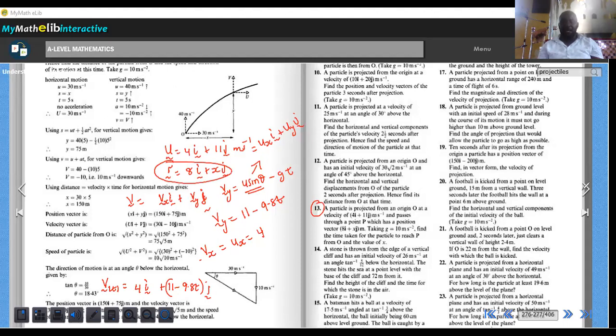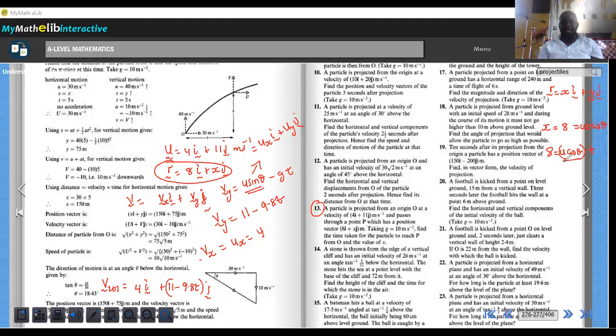Now, if I may take you back, we have seen that the position vector depends on the position horizontally plus the position vertically. So horizontally, x is going to be 8, and this 8 is got from u cos theta times t, whereby 8 is equal to u cos theta times t.